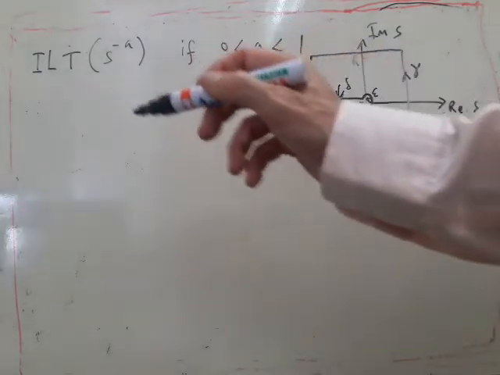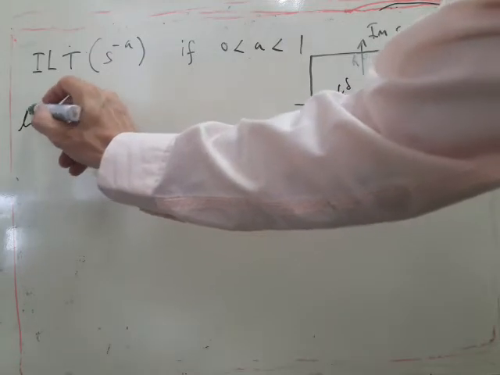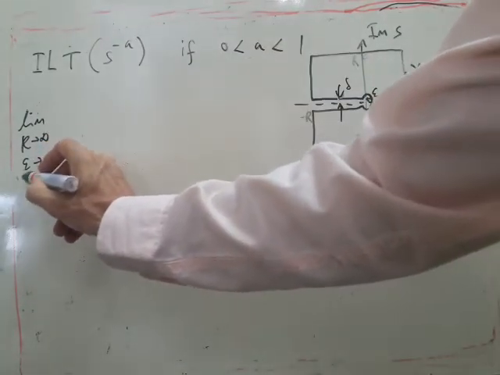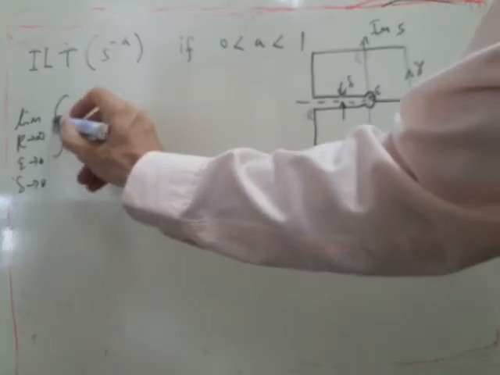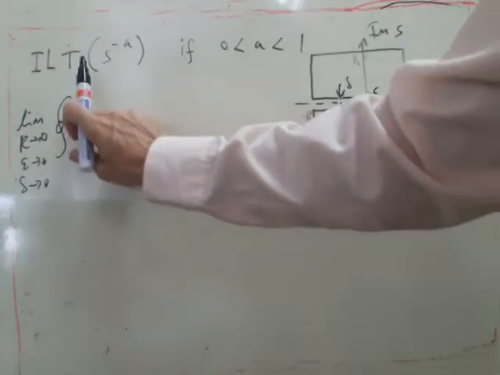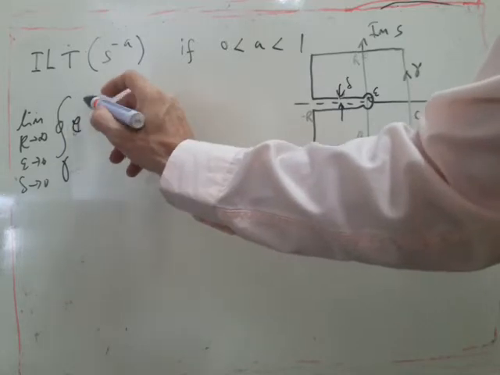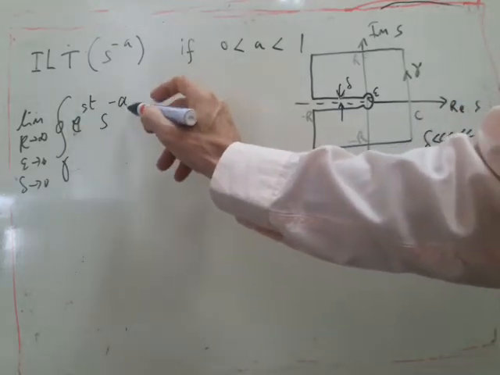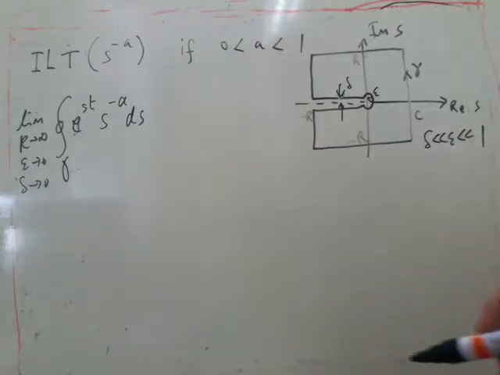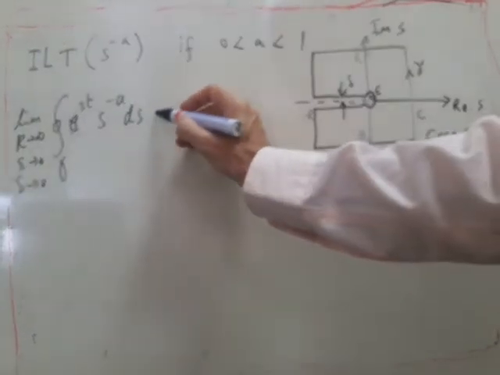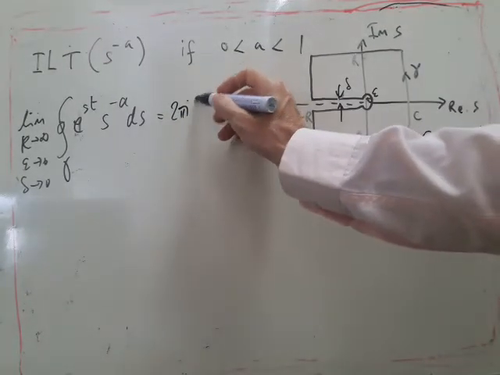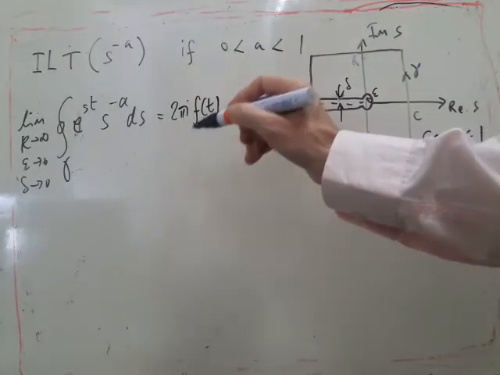Okay, so we take the limit as R goes to infinity, epsilon goes to 0 and delta goes to 0, of the contour integral of e to the st times s to the minus a ds. So that's going to give us 2 pi i times the thing we want.